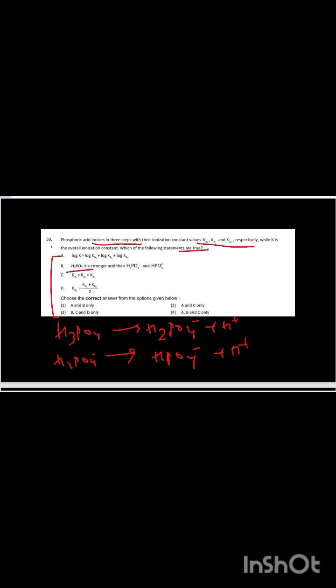Phosphoric acid ionizes in 3 steps. Ionization constants K1, K2 and K3 respectively. What is the overall ionization constant? Which of the following are true? Phosphoric acid, if anyone doesn't know its formula, it's H3PO4. It dissociates to H2PO4 minus plus H plus, again H2PO4 minus dissociates to HPO4 2 minus plus H plus.